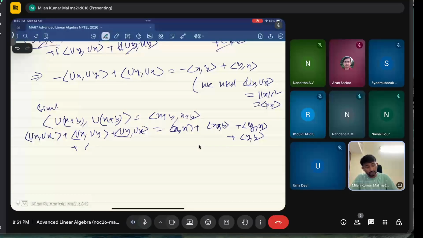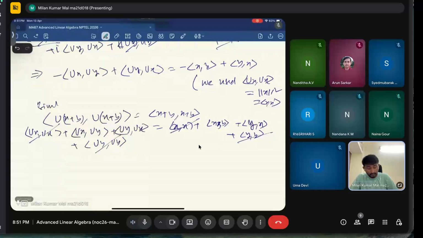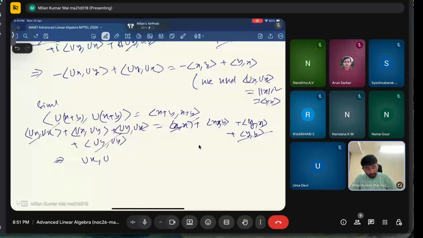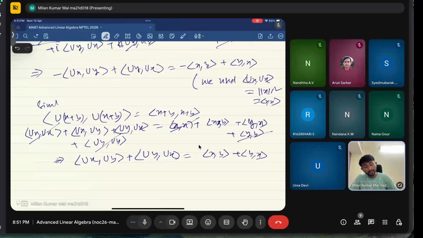Similarly, if we use that norm of ux equals norm of x squared and norm of uy equals norm of y squared, then what we get is that inner product ux, uy plus uy, ux is equal to inner product xy plus inner product yx. So let's call this 1 and this 2.